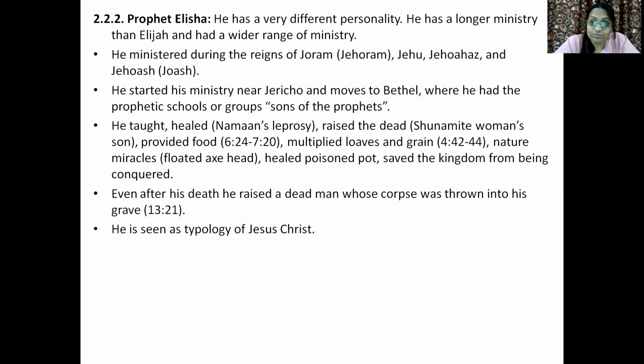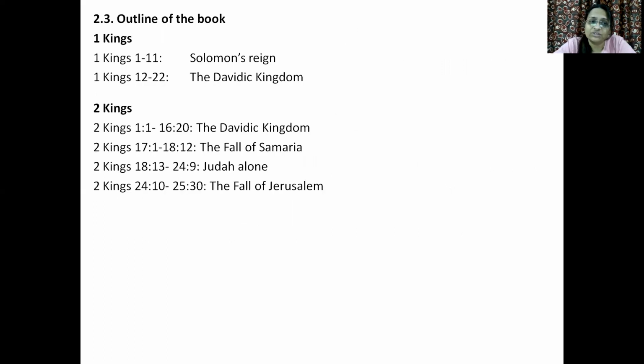So his bones also raised the dead to life. He is also seen as a typology of Jesus Christ. We can see Elijah as a type of John the Baptist, a forerunner, and Elisha as a type of Jesus Christ in the Old Testament.